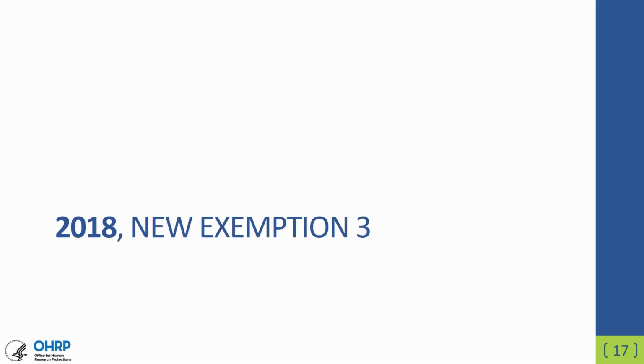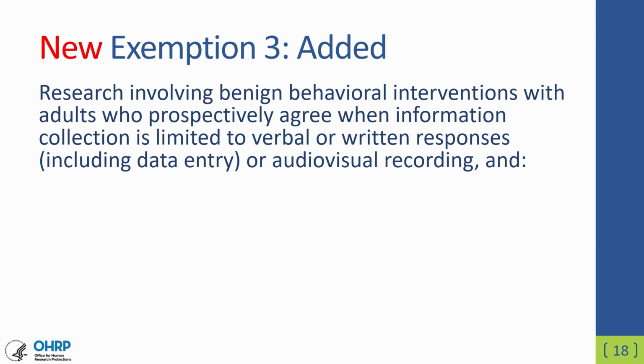And now let's look at the new Exemption 3, which has replaced the pre-2018 Exemption 3. The new Exemption 3 applies to research involving benign behavioral interventions with adults who prospectively agree, when the information collected is limited to verbal or written responses, including data entry or audiovisual recordings.